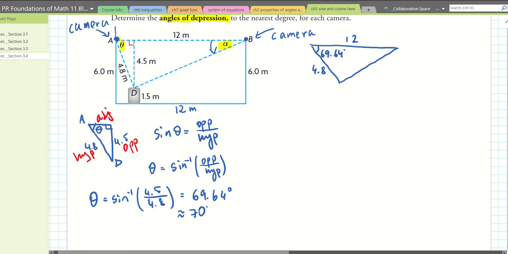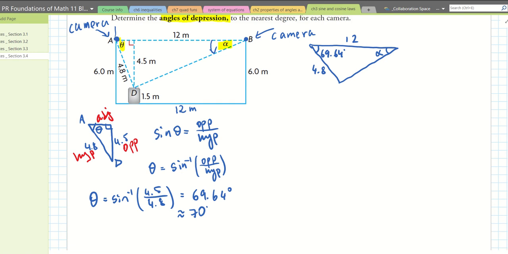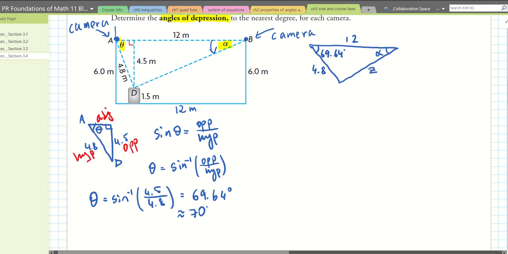And we're looking for alpha here, we're looking for that side. So we can use cosine law to find the third missing side. Let's call it, textbook uses z, so let's stick with z, to find the third side, which then allows us to use another primary trig ratio to find alpha.